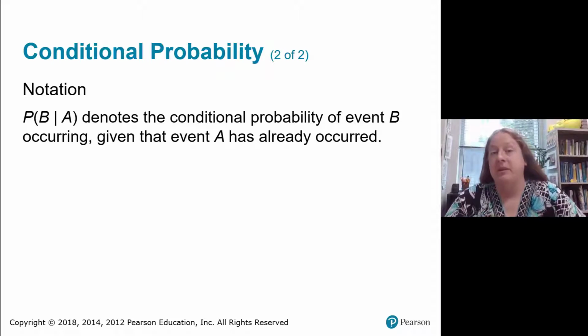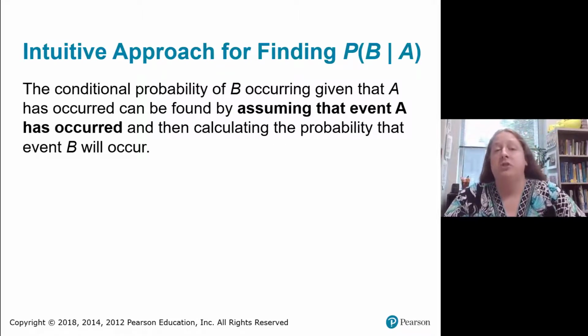It's conditional probability. And the notation should look familiar from our multiplication rule. We use the probability of B with that vertical line and A, saying the probability that event B is occurring given that event A has already occurred. So our intuitive approach to finding this is going to be looking at the number of times that B occurs given that A has already occurred.